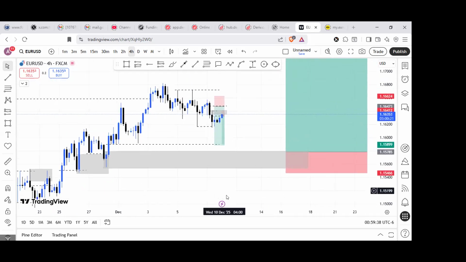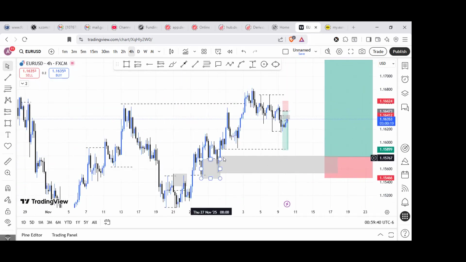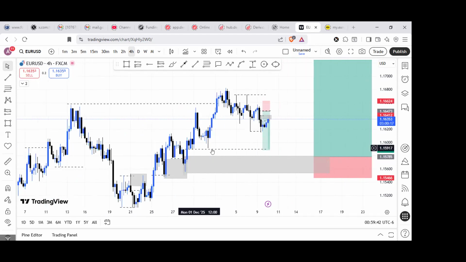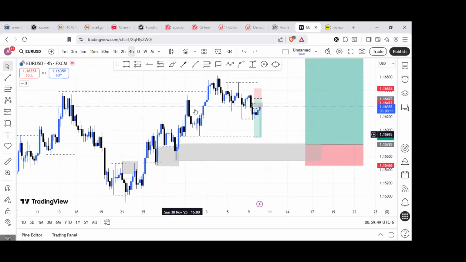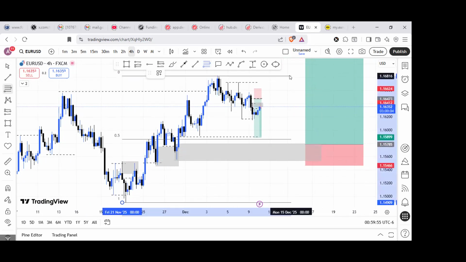But then the next place of interest to me is here, because we have liquidity resting just above it, and this is somewhere around 50% of this range. I want to draw the flip. Yeah, you see, it's around 0.5.